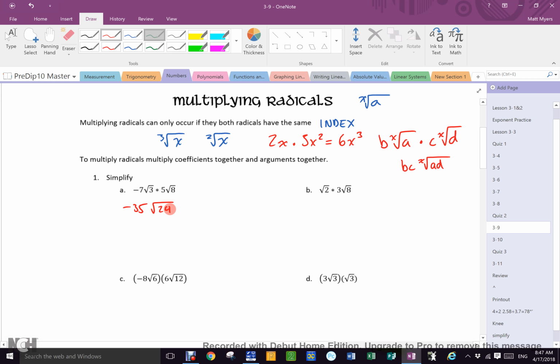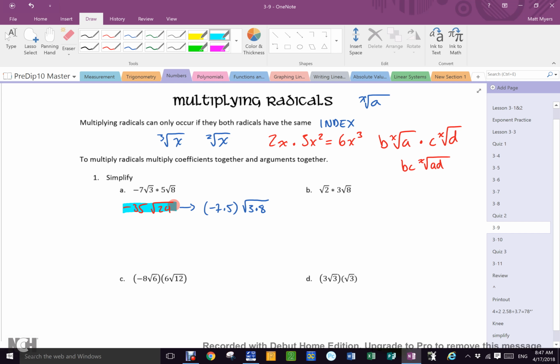Right? Now, just to make sure, how did I get that answer? Negative 7 times 5, bracket, root 3 times 8. Everybody cool? Okay, now, would you ever leave that like that? You have to simplify it.